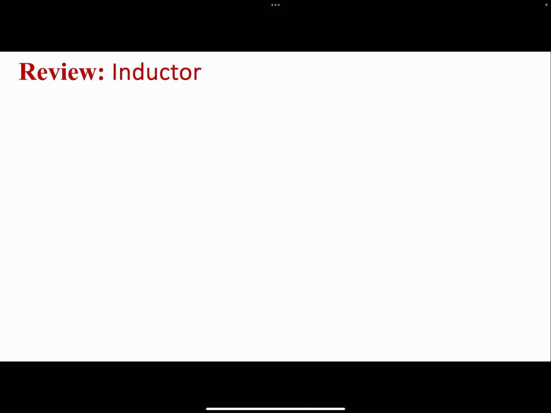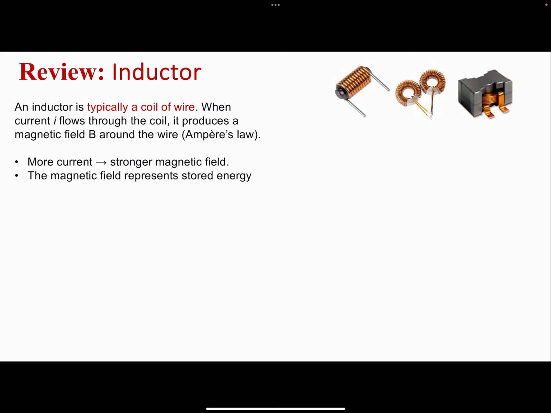Okay, so again, a very quick, brief overview of what an inductor and a capacitor is and what happens in terms of their VI terminal characteristics. So here are some pictures or examples of inductors. At the heart of it, an inductor is a coil of wire.